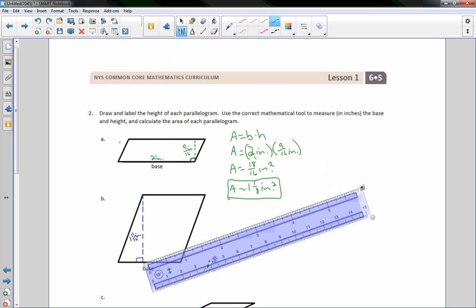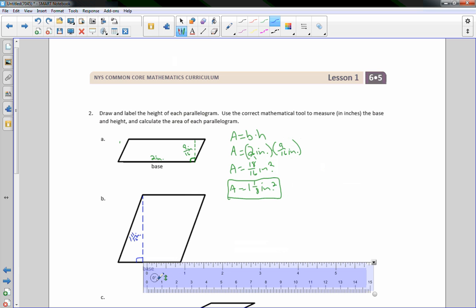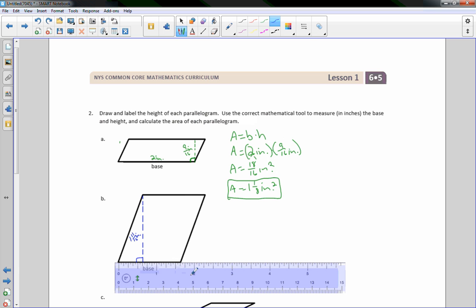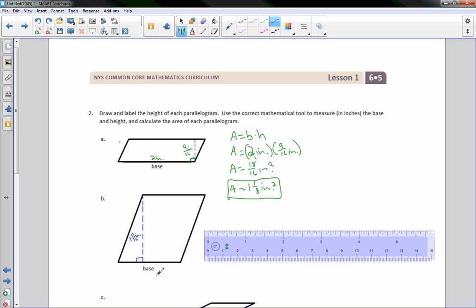I'm going to rotate 90 degrees till it says 0 degrees right here. I'm going to move this over to 0, and it looks like it is 1 1/2, which is 8 sixteenths, 9 sixteenths, 10 sixteenths, which is 1 5/8. So the base is 1 5/8 inches.